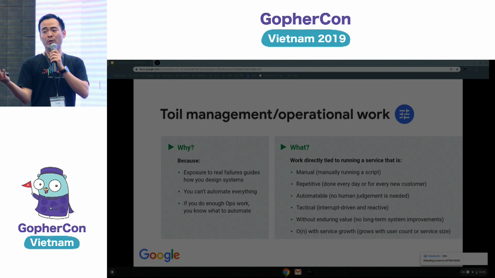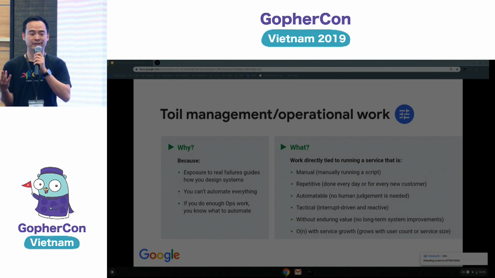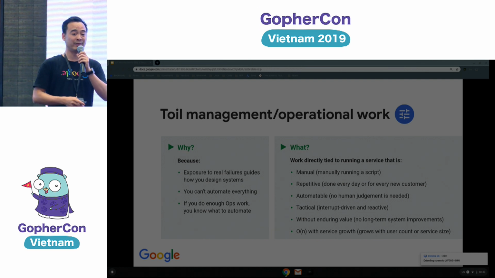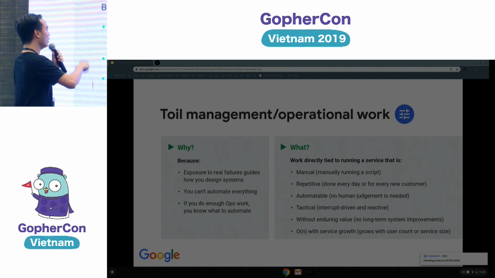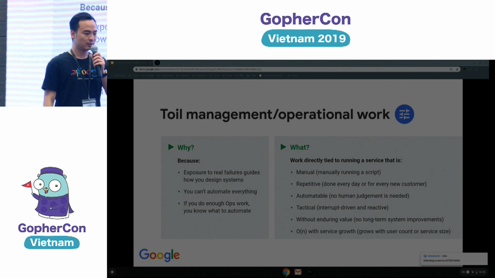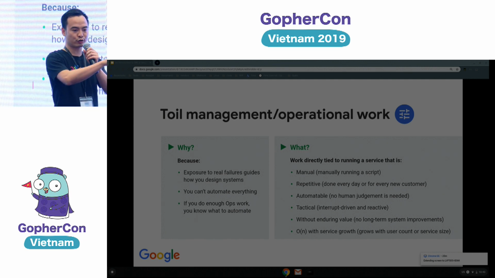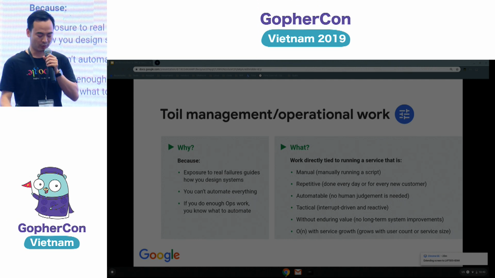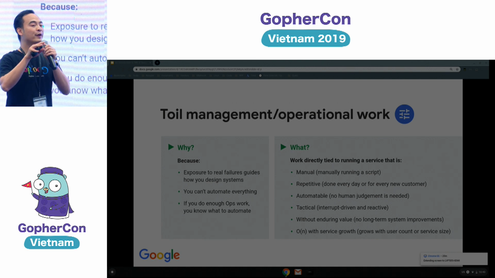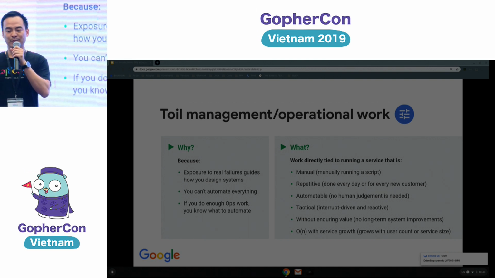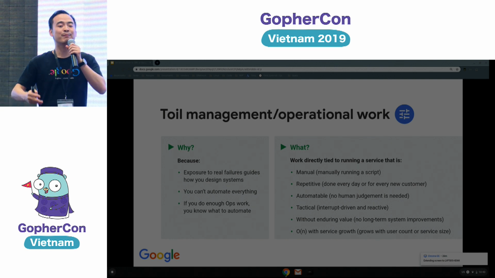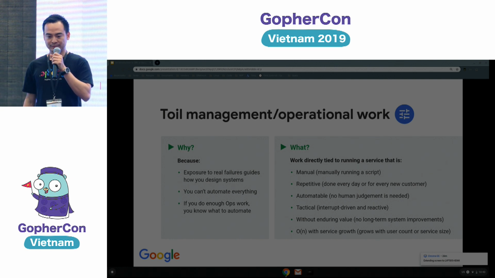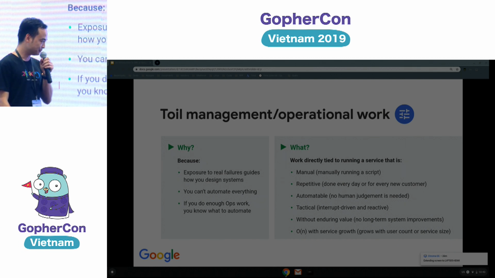For the first time, you don't know what it is, right? So you can't automate it. You can't forecast everything and then automate everything that you may not need. So you need to be involved in the operational job, for example, run a script to deploy a server or so on, so that you feel the pain of doing manual jobs. Once you feel the pain, you have more motivation to automate it. That's very, very, very important.